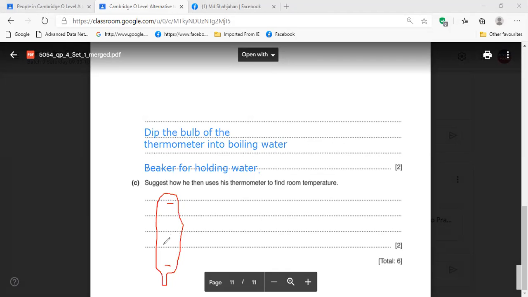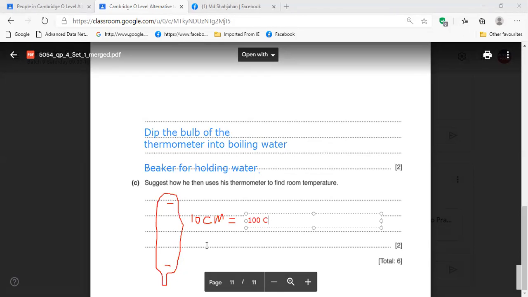Now, for example, the whole length is 10 centimeter measured with your ruler. It can be 8 or 5 centimeter, but for our understanding we say it is 10 centimeter. So 10 centimeter will be equal to 100 degrees Celsius.